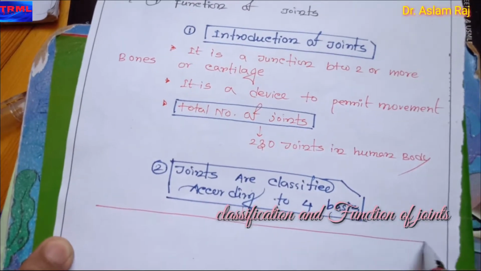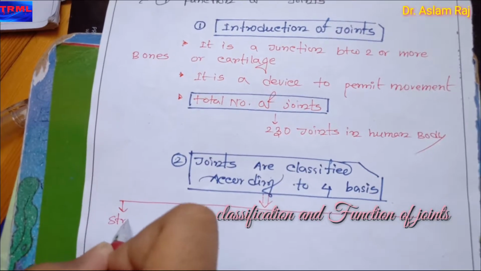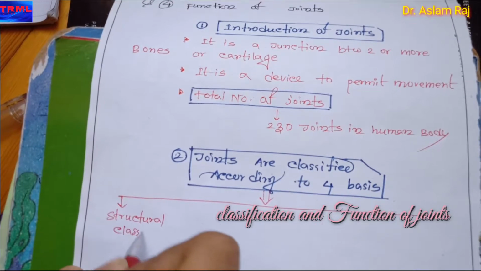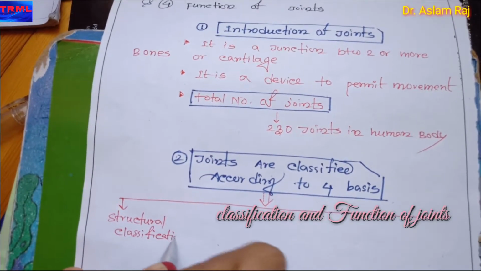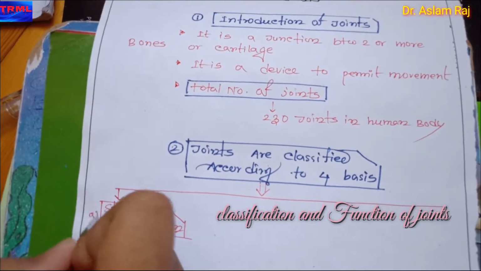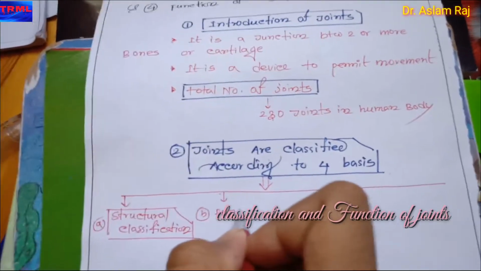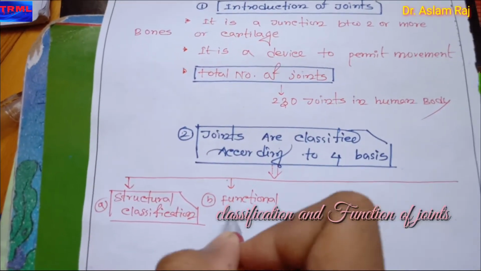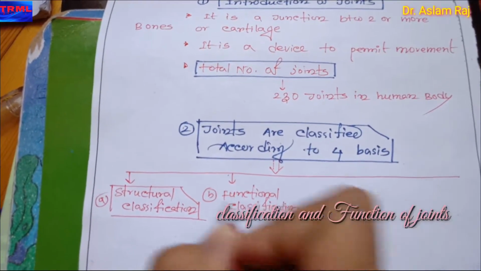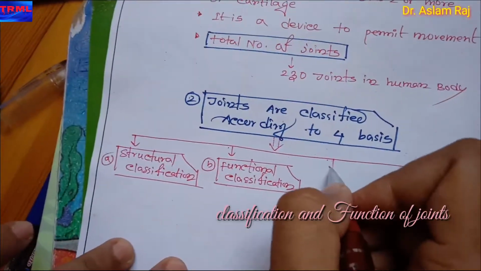I think all of you know that the first one is structural classification of joints, and the second one is functional classification of joints. According to the function they are classified.